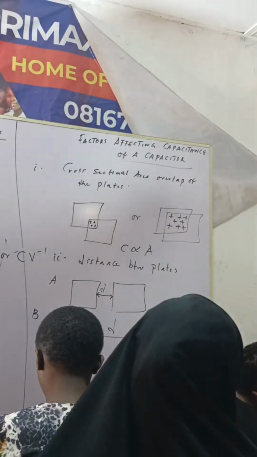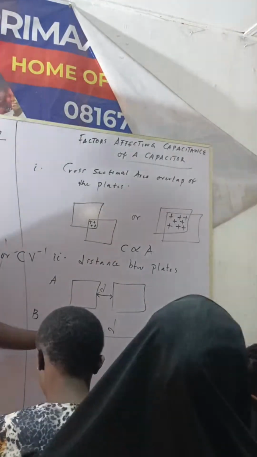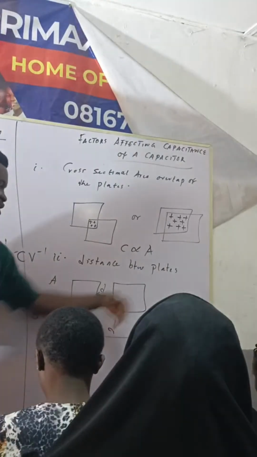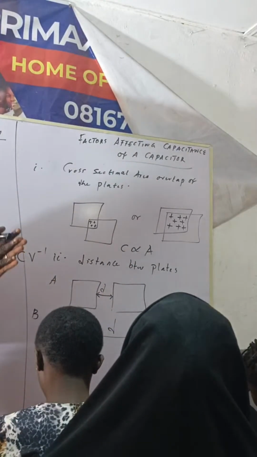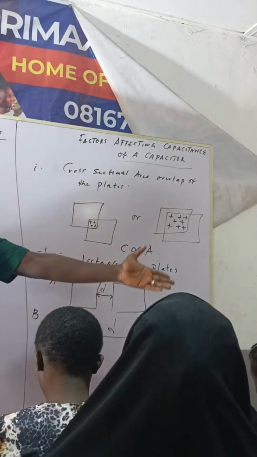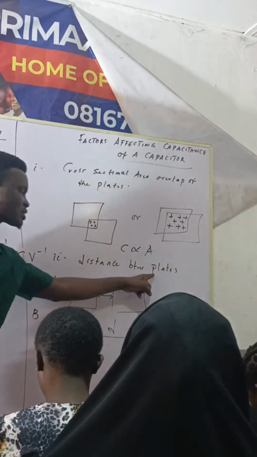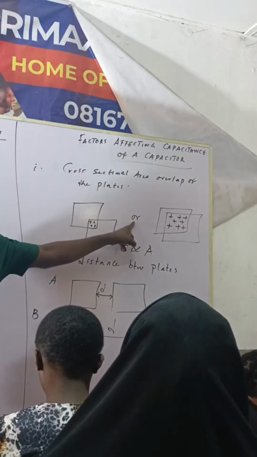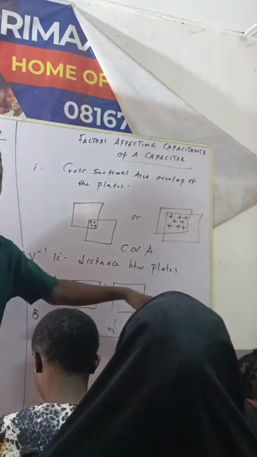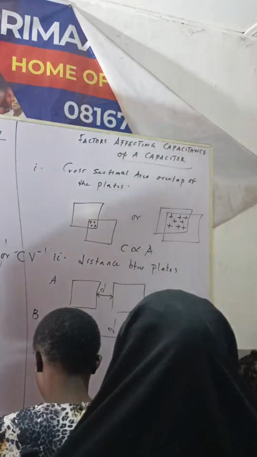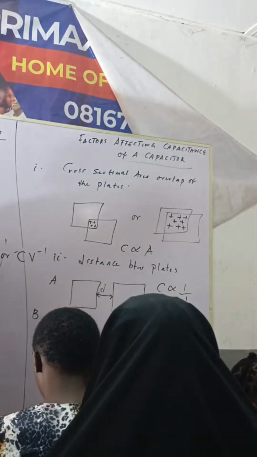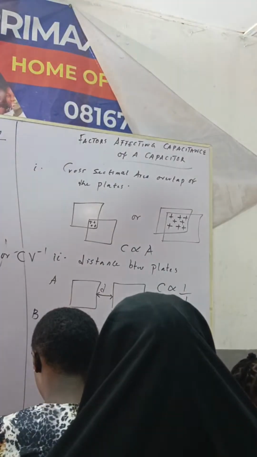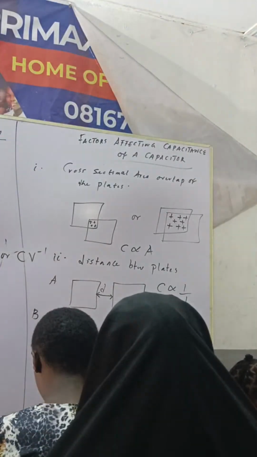A. Because all the electrons I get here, and this one is too far for this one to send away. Do you get that? So you don't want them to touch, but you still don't want them to be too far. So the higher the distance, the lower the capacitance. That means the lower the ability to store charges. Do you get that? So that means for distance, C is inversely related to D. Are you there?